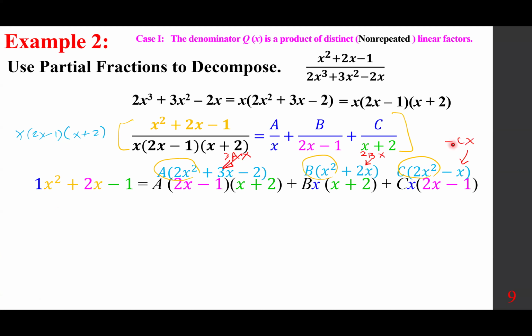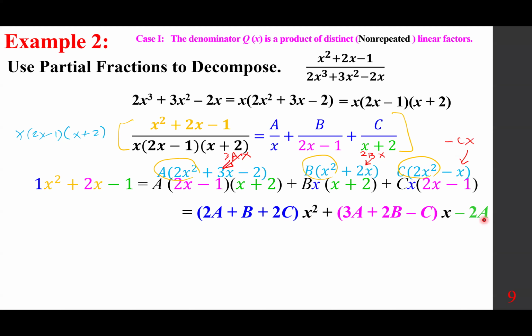And the rest of it is a constant. So what is the constant here? a times minus 2, minus 2a. This doesn't have a constant. This doesn't have a constant. So anything involving x squared, collect them, involving x, involving the constant.